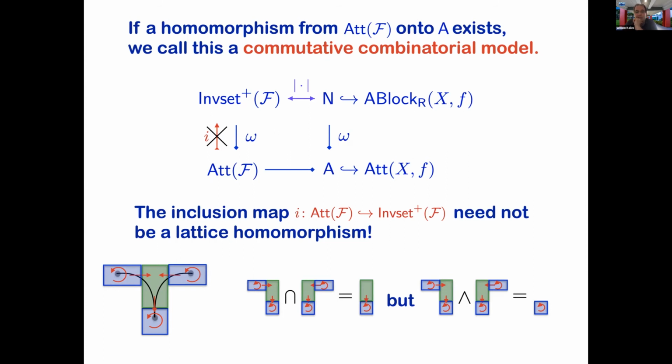And why doesn't it have to be a lattice homomorphism? That's because, as I told you at the beginning, the wedge operation on attractors isn't intersection, right? It's omega limit of the intersection. And so you can see an example down at the bottom where the intersection is not the same as the wedge, right?